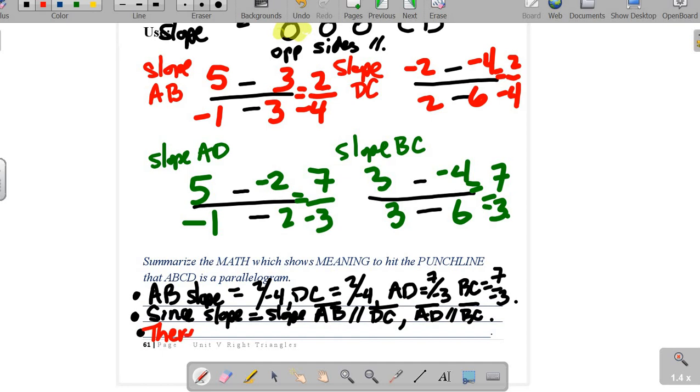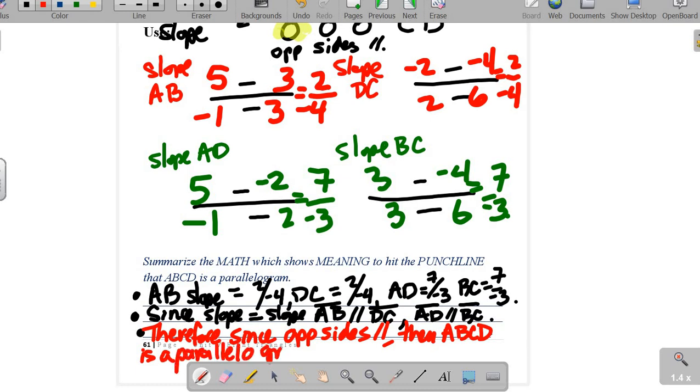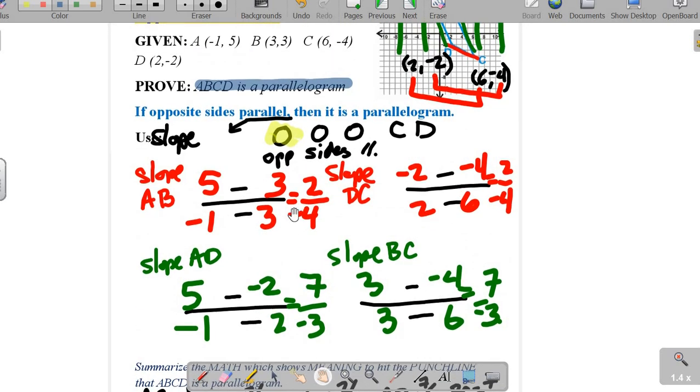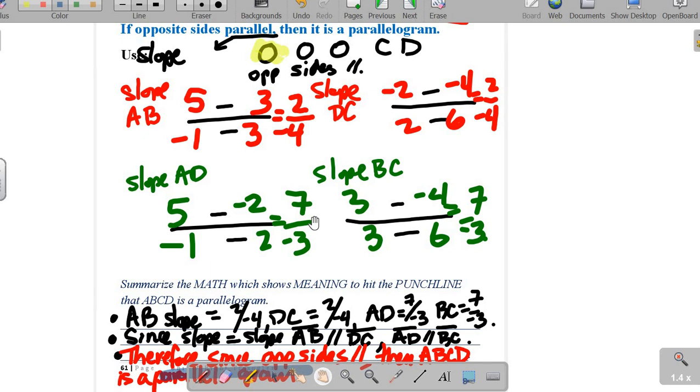Therefore, since opposite sides are parallel, then ABCD is a parallelogram. Math, meaning, punchline. Our punchline was proving that ABCD is a parallelogram. Mathematically, we have proven that it is a parallelogram.